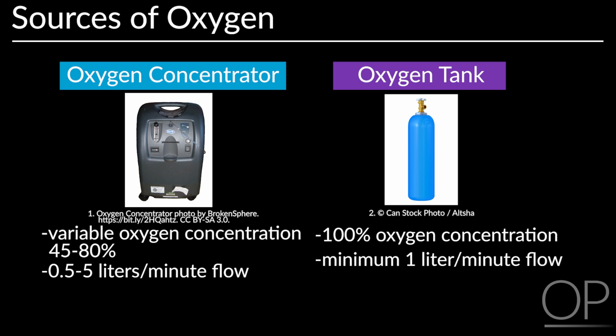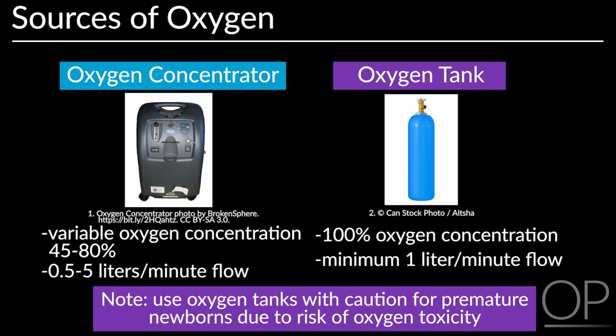The oxygen tank can rupture, leak oxygen, and run out of oxygen. Use tanks with caution in premature newborns due to the risk of oxygen toxicity. High levels of oxygen for long periods of time can be toxic to the eyes, brain, and lungs.